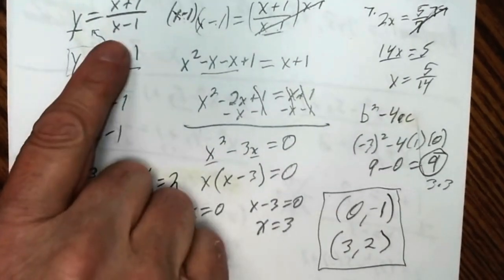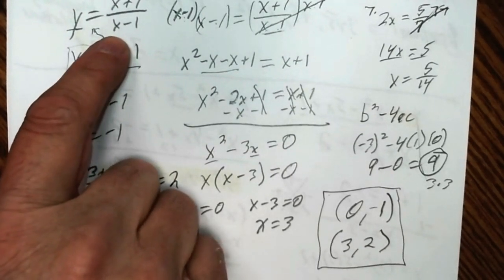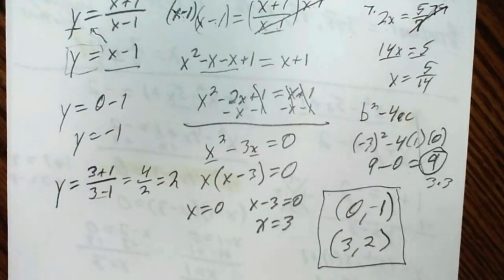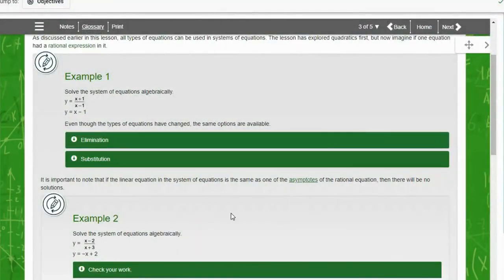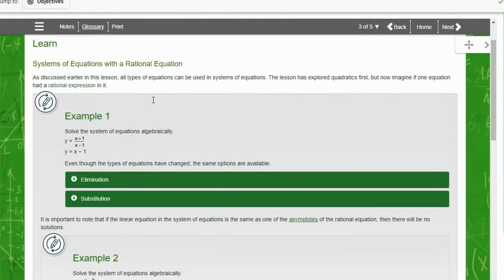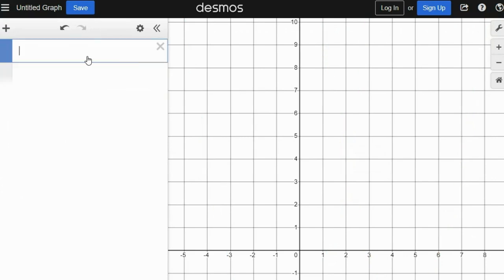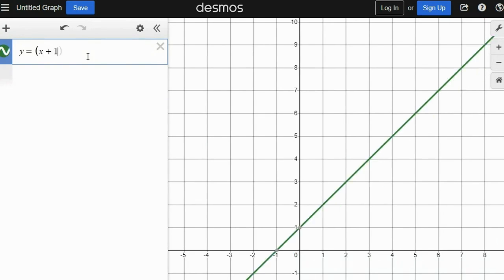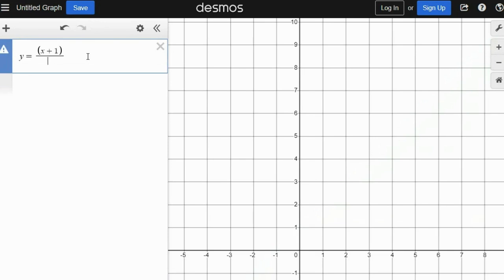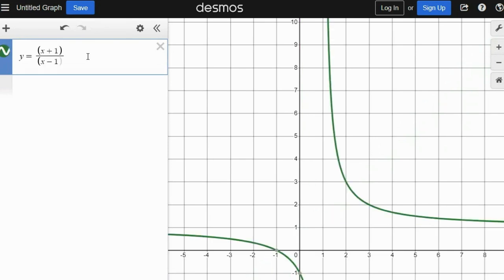All right, let's graph this. It's not irrational, it's a rational equation. So I have to put that in parentheses to keep it all on top of the fraction, x plus 1, and then divided by x minus 1. I put those in parentheses so it does it correctly.